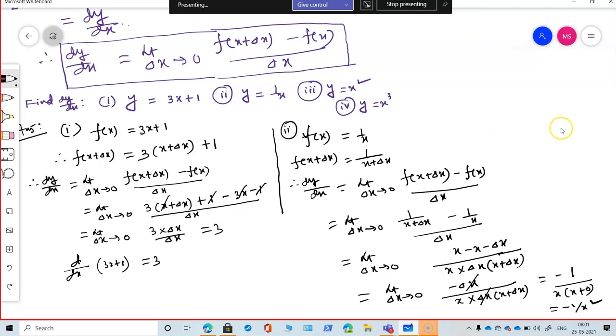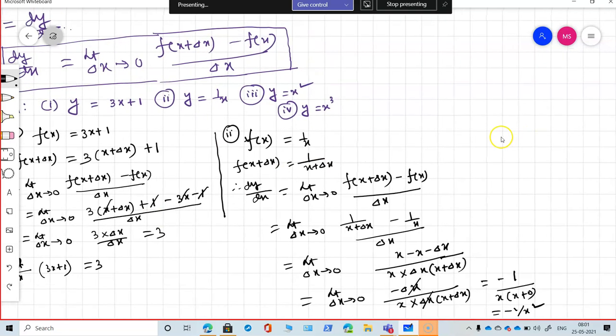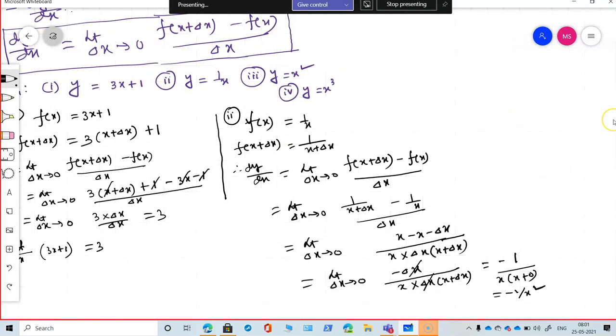Okay. Now I'll find another one and then you'll get the scope to find the remaining two. I am going to do for number 5. I am writing here y equal to root x. Okay. See, for root x, how to find the derivative: f(x) is equal to root x.